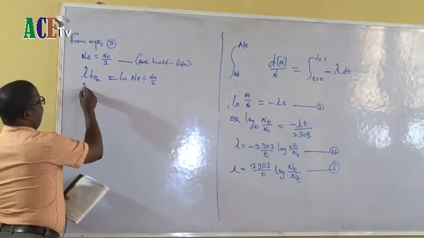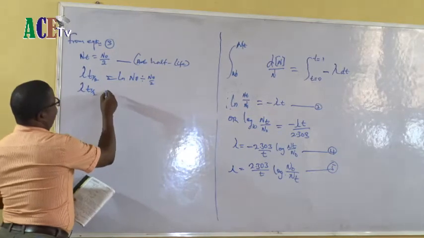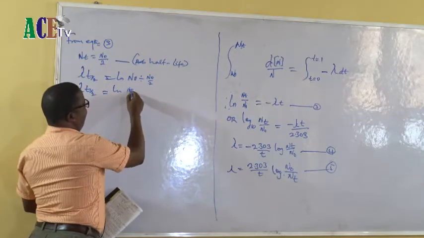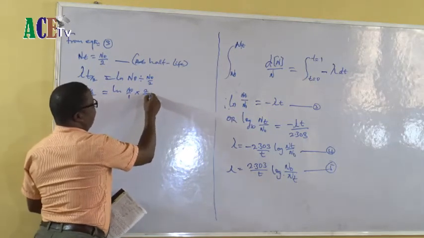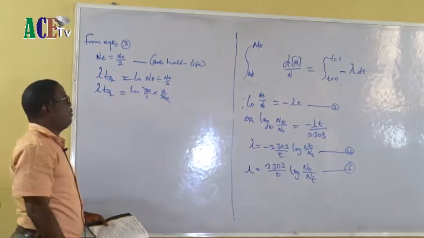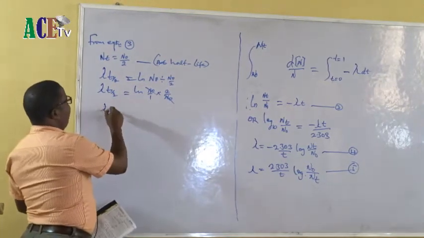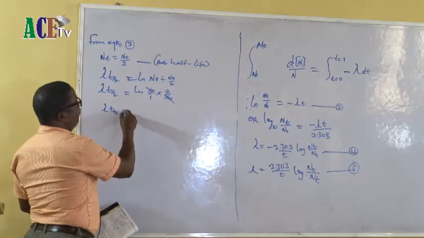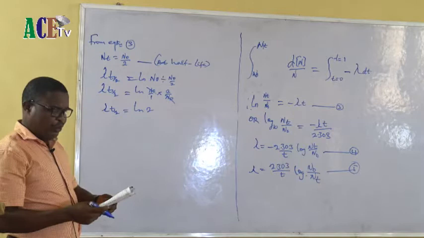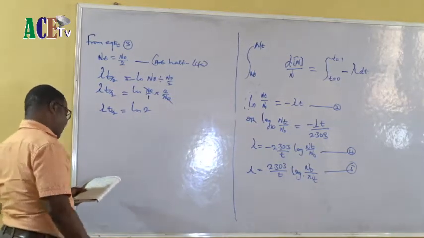Now, lambda T half is equal to ln of N0 over 1 multiplied by 2 over N0. So N0 will cancel the N0. So we have lambda T half is equal to ln 2.